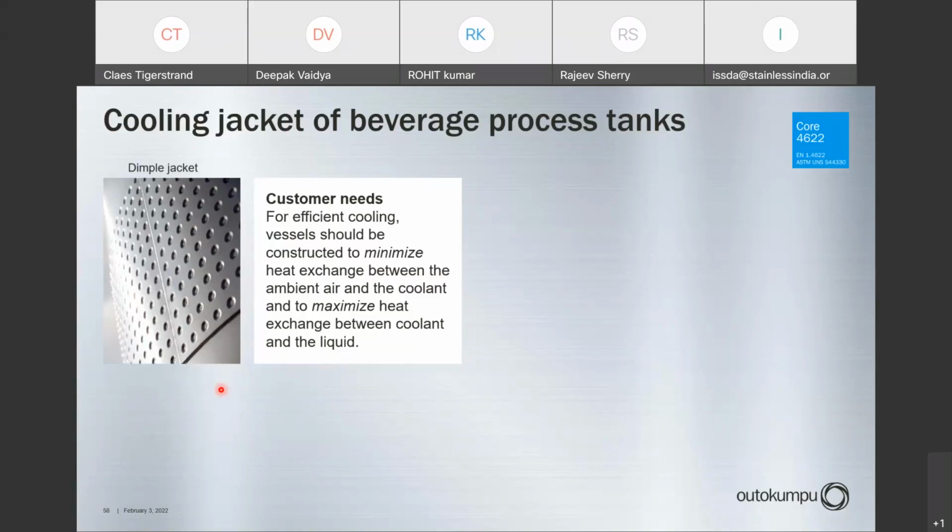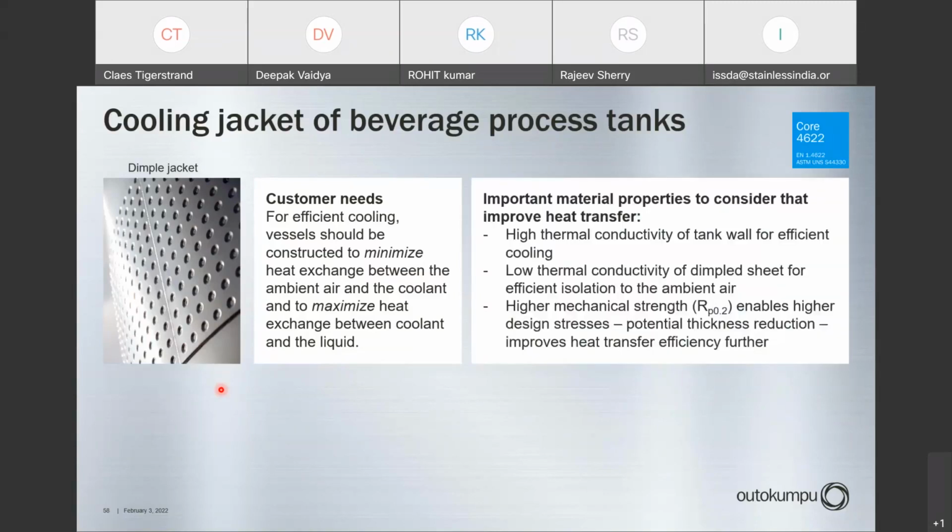And what's very interesting here is the thermal conductivity, which is very important: how you conduct the heat between the dimple jacket, the heat exchanger, and cool down the liquid. Of course, if you have a higher strength, you can also utilize that potentially and reduce the thickness. That would also improve the heat transfer.